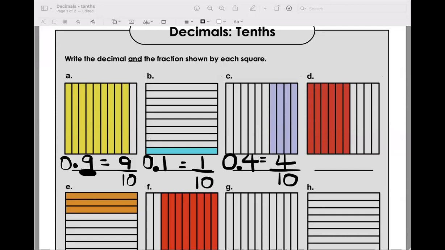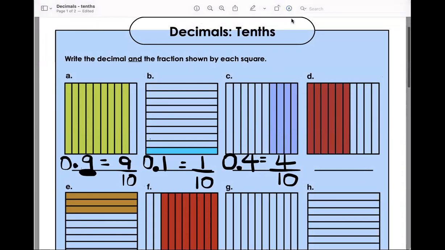So before I end this video, I'll just look at problem D, and say, let's just give the answer. So we already know there's 10 altogether. That's our denominator.